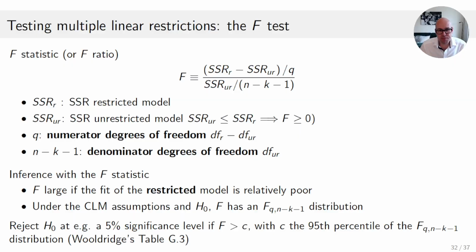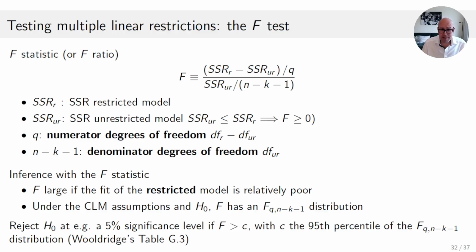If the null is true, then it should not really matter whether I estimate the restricted model or the unrestricted model. What does it mean that it doesn't matter? Well, it should then be the case that the residual sum of squares is roughly the same for both models, because the null hypothesis is true, and adding these q variables to the model does not really increase the explanatory power of my regression.